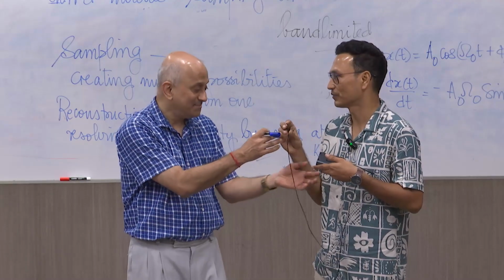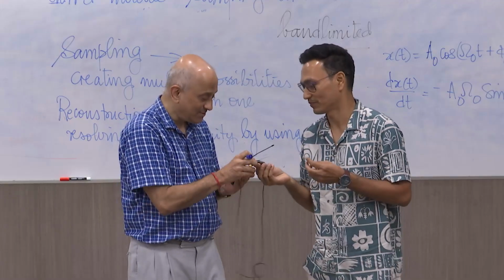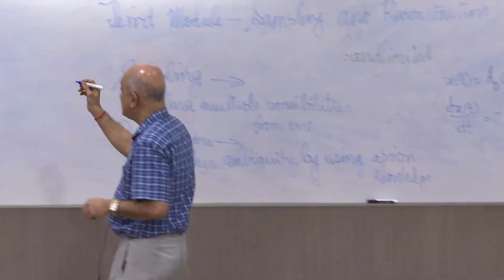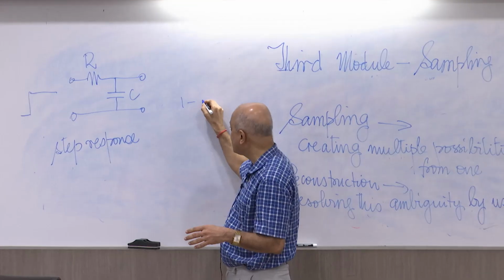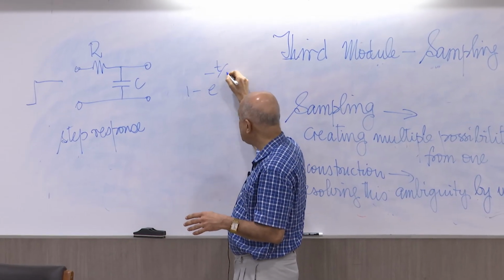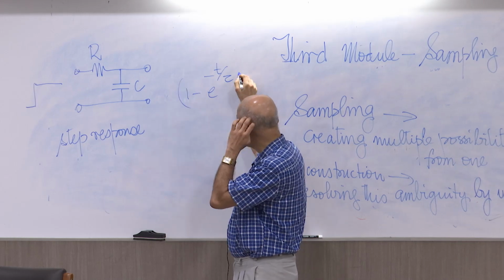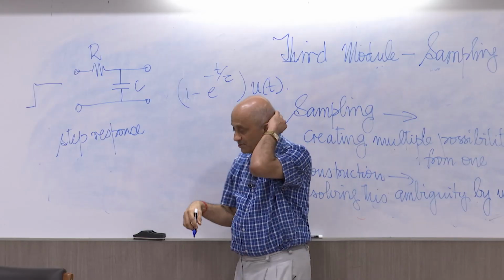Well, that's interesting. Okay, let me solve. We remember the expression for the voltage across the capacitor for a unit step. What was the unit step response? 1 minus e to the power minus t by tau, into u(t). Is that right? So what do you notice?